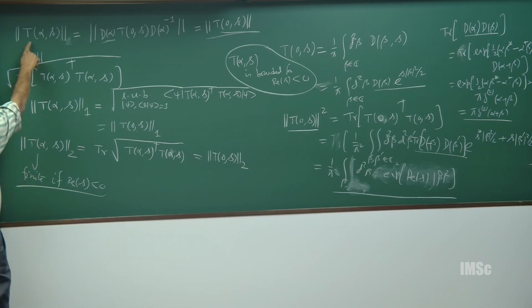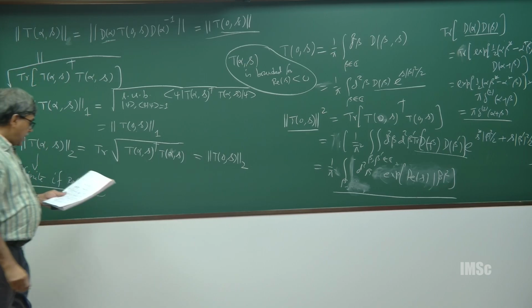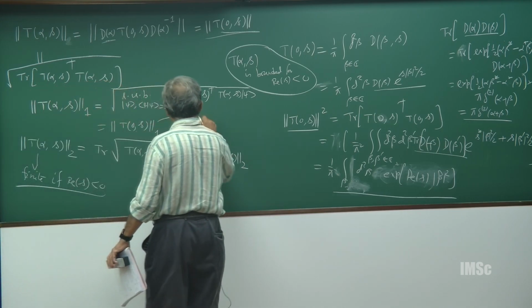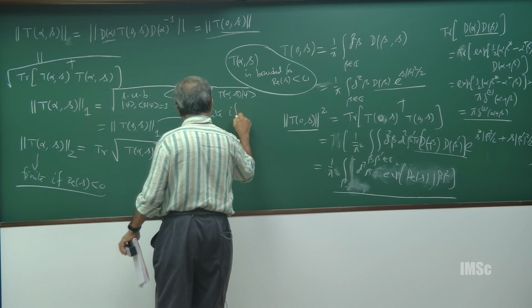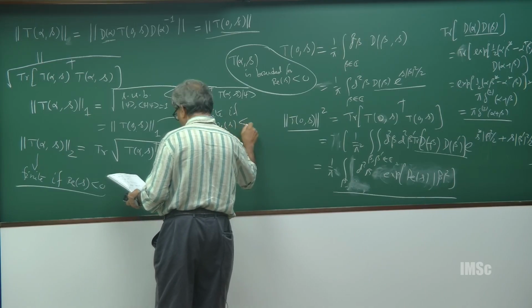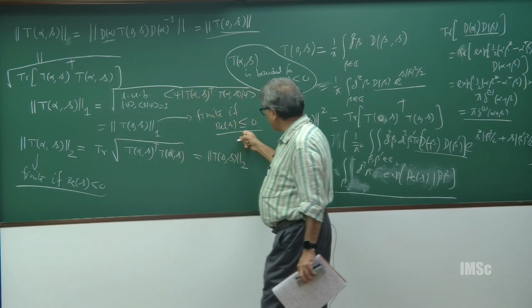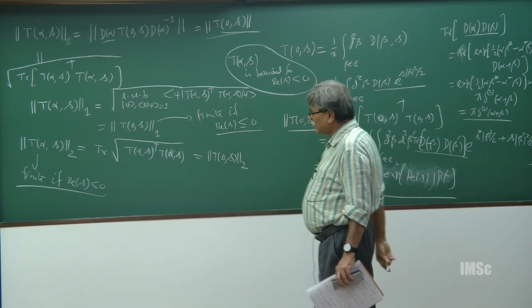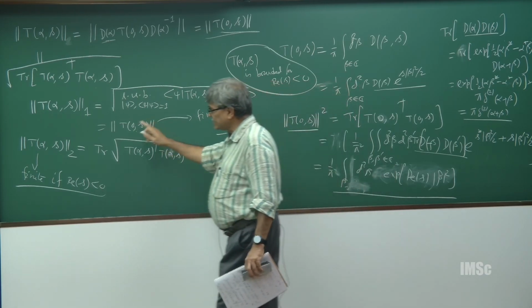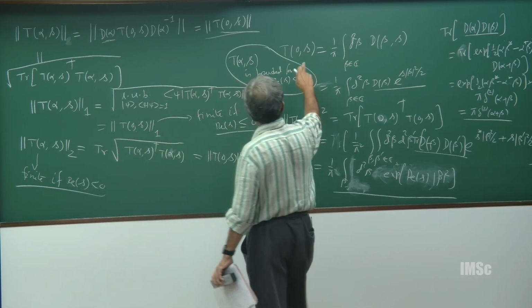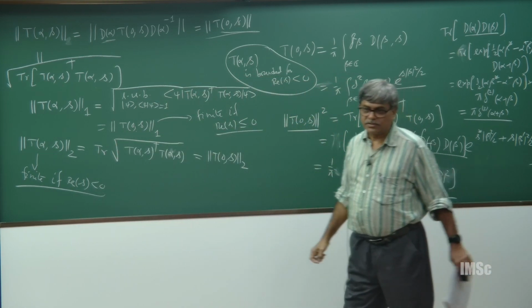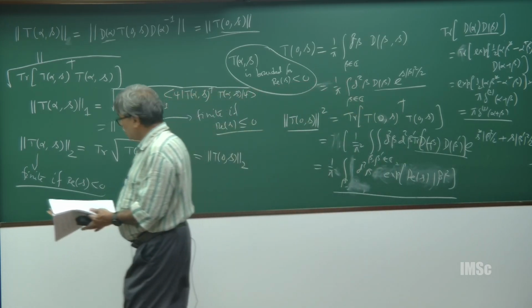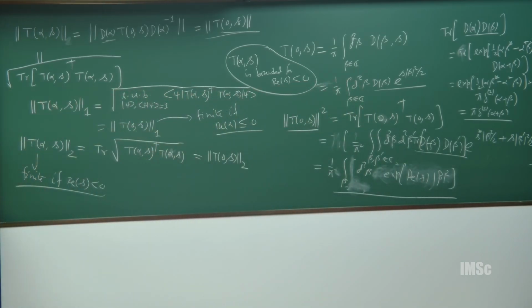So, this is finite, this is also finite, and this is finite if real part of s is less than or equal to 0. So, there is a slight extension of the domain. Okay. So, you can actually calculate all these three from these expressions, it is not difficult. Okay, maybe I will just tell you the result, then it will be easier to figure out. You just use that expression for T of 0 s and then it will follow from there.